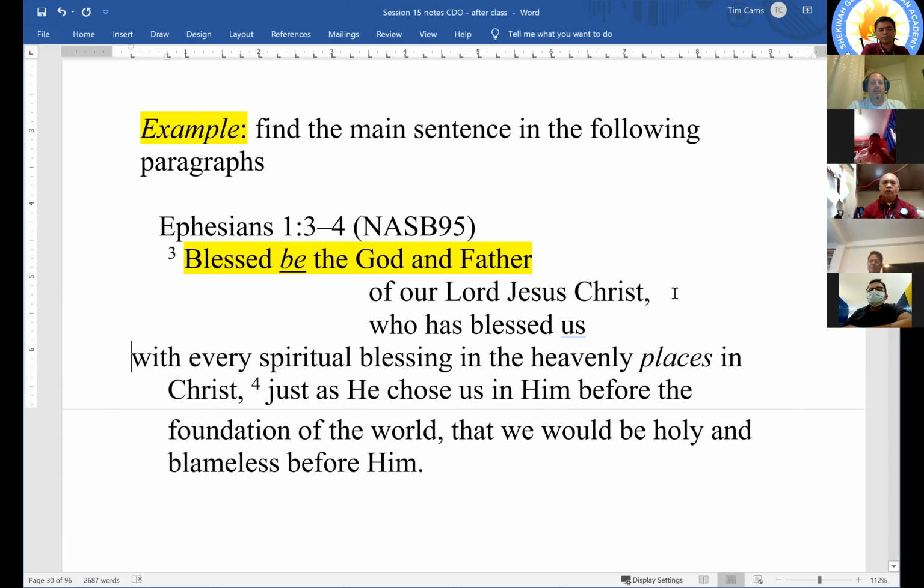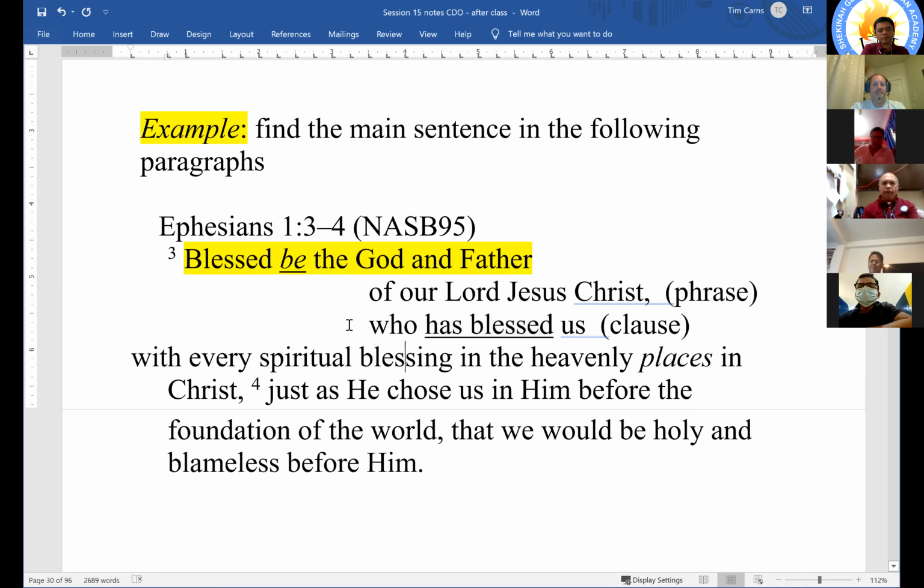Here we'll put this as a phrase because there's no verb. What about this next one here? Is that a phrase or a clause? Do we have a verb? It's a clause, because we notice we have a verb, don't we? Has blessed. We have a verb. Do we have a subject?